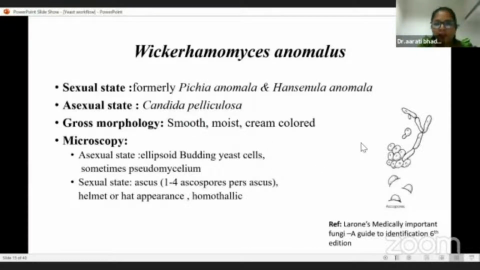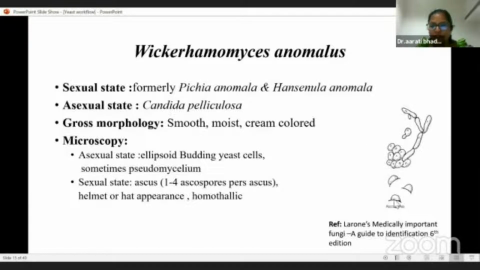So Vicarihamomyces anomalus. This was previously Candida pelliculosa. In the sexual state, it was called Pichia anomala and Hansenula anomala. In the asexual state, it was called Candida pelliculosa. The gross morphology will be smooth, moist, cream-colored yeasty colonies. In the microscopy, in the asexual state, we will see ellipsoid budding yeast cells, sometimes with pseudomycelium.